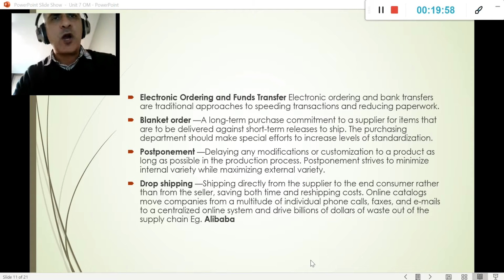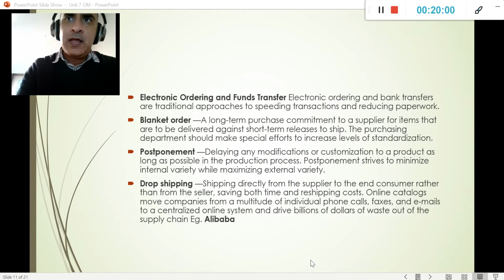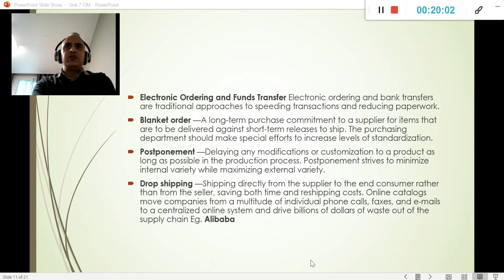And then we have drop shipping. Drop shipping is creating online catalogs to move supplies according to whoever needs them. This was the case of Alibaba. Alibaba started actually with e-catalogs for business to business.